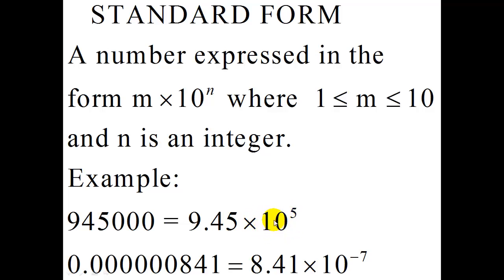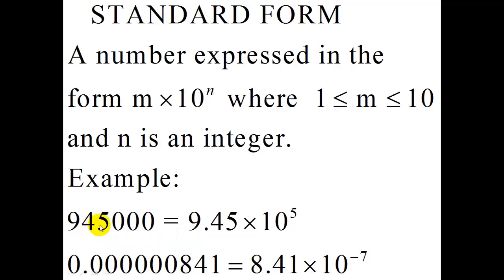If we move to the left, the exponent is positive, but if we move to the right, the exponent is negative. So we moved 5 times to the left before we had 9.45, so times 10 raised to the power 5. Now we realize that m is now 9.45, and 9.45 is greater than or equal to 1 but less than 10.